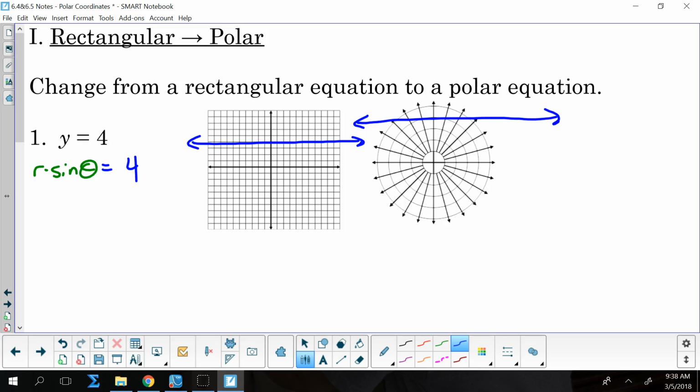Now, how does my answer need to look? R equals. So I've got to get that equation to look like r equals. How am I going to do that? I can divide both sides by the sine of theta.